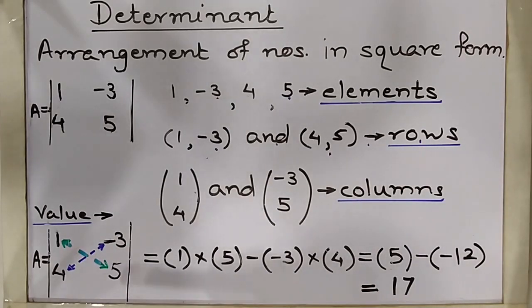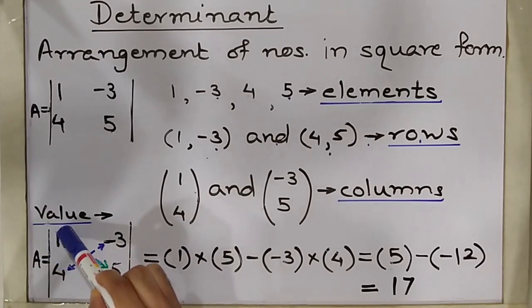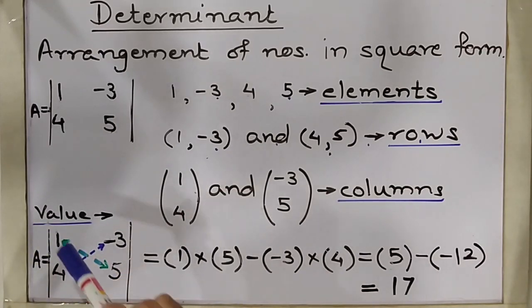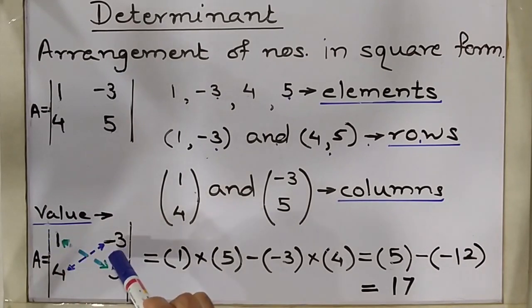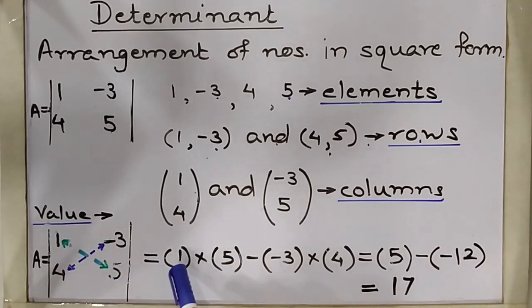You can see that the first element is 1, and the number which is diagonally opposite to 1 is 5. So you are going to multiply 1 with 5. So this becomes 1 multiplied by 5. Then you are going to put a minus sign.